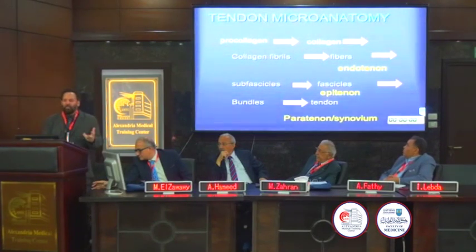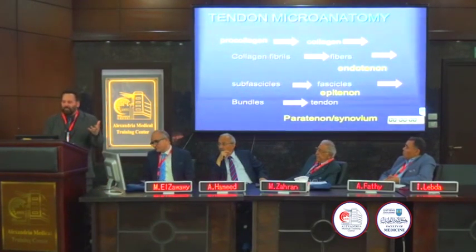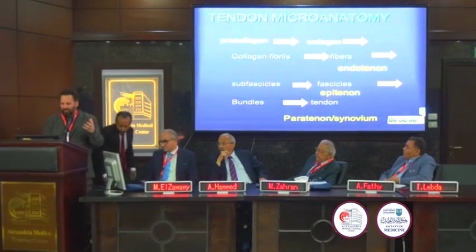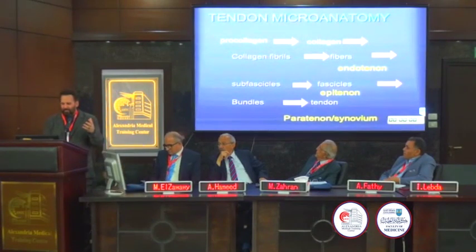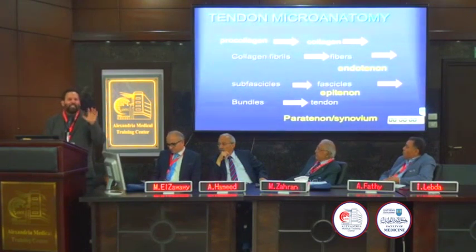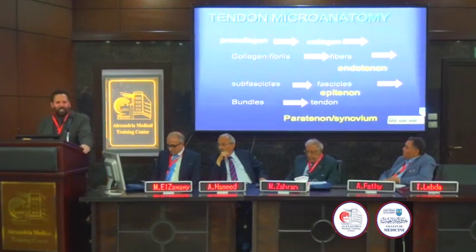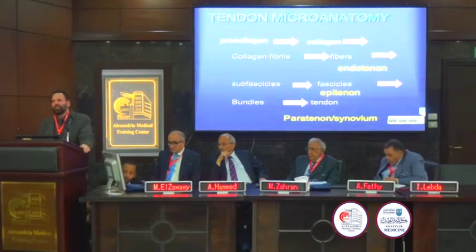So you get procollagen, and procollagen will self-organize into collagen fibers. Again, it does that on its own. It's the only tissue that does that on its own. And then surrounding those fibers is an endotenon.